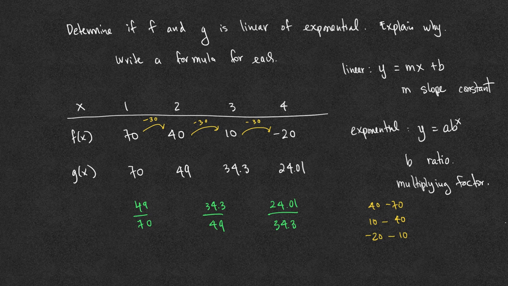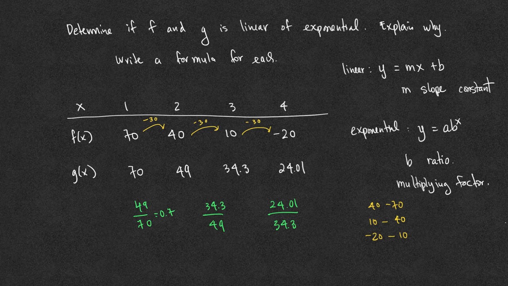If we were to take 49 and then divide it by 70, we will get 0.7. We don't want to take 70 divided by 49 because we want to know what is that number we multiply to 70 to get 49. Notice that 70 times 0.7 will give us 49.